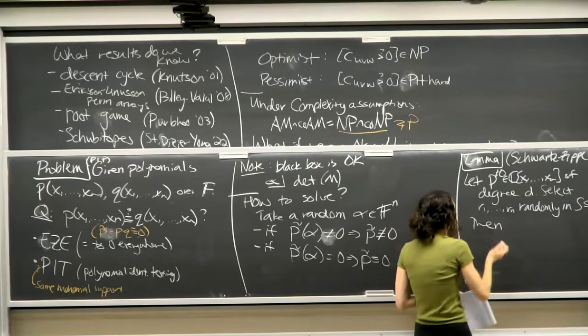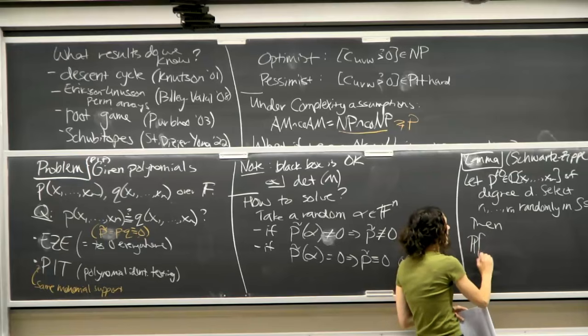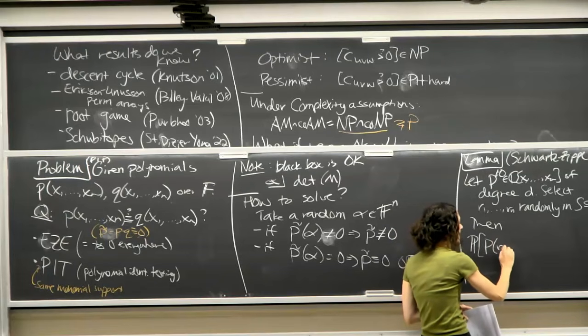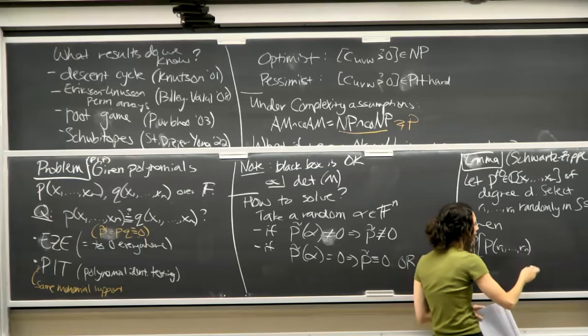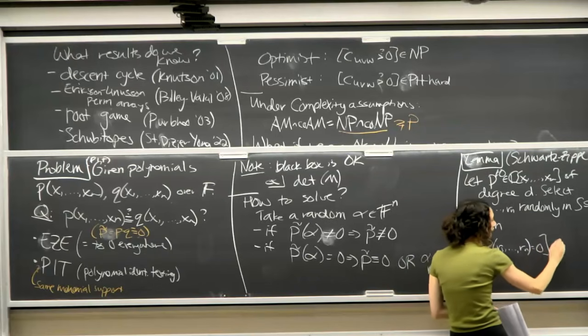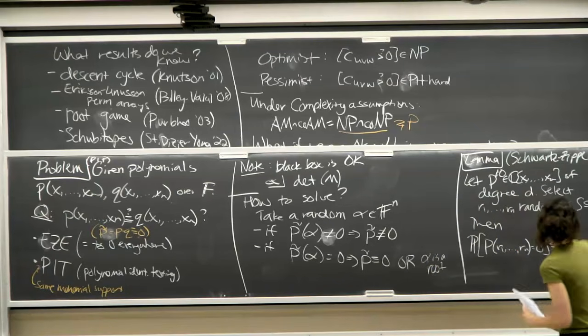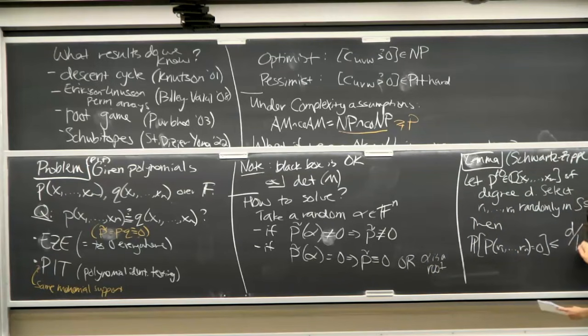And the lemma says that the probability of accidentally sampling a root, so I plug in R1 to Rn for my variables, and the probability that I accidentally get 0 is bounded above by just d over S. I just take the degree and I divide it by the size of the set I'm sampling from. Okay, so this tells me exactly that if I'm trying to bound how often I find a root, if I choose a set big enough to sample from, I can make this probability of getting a root as small as I want.